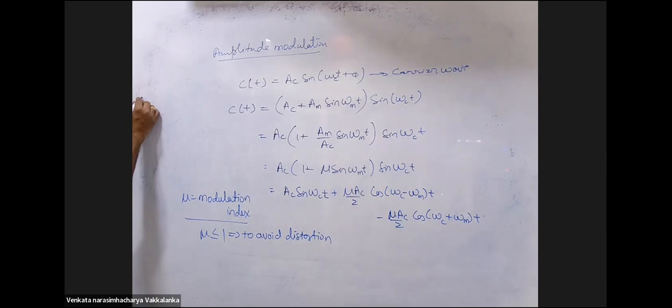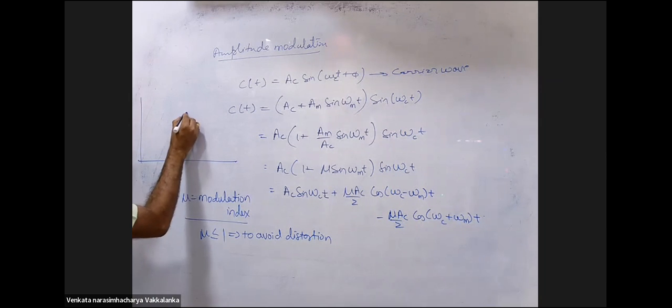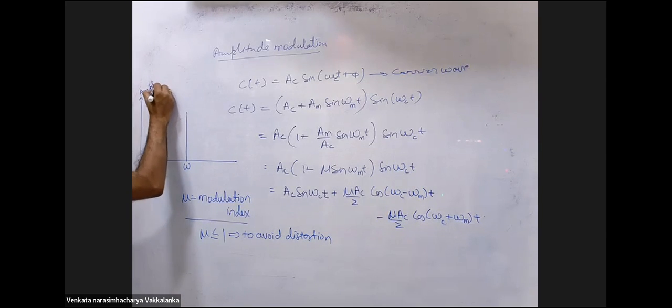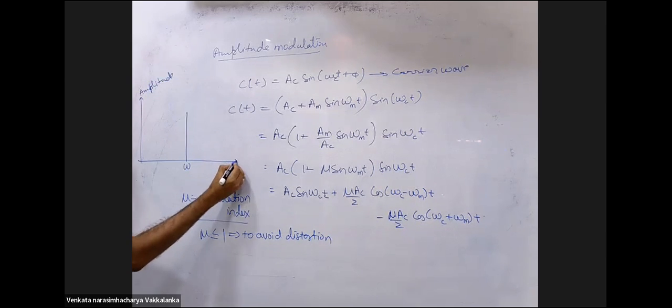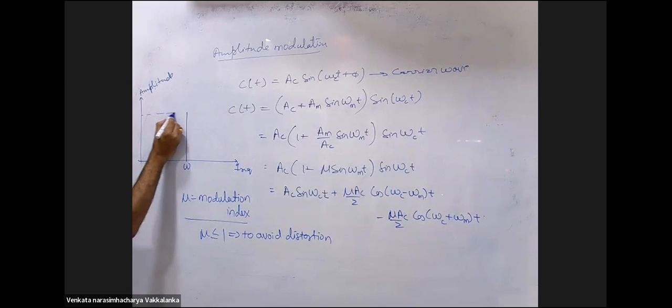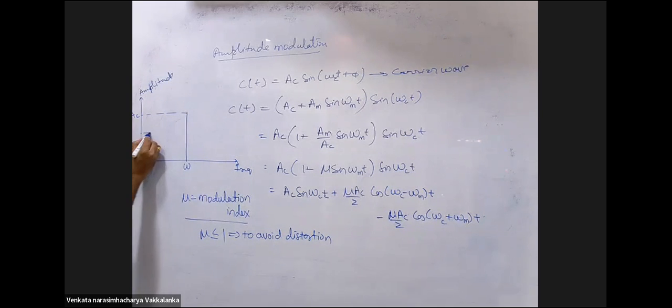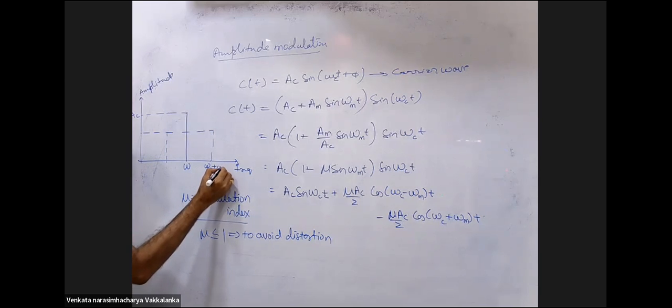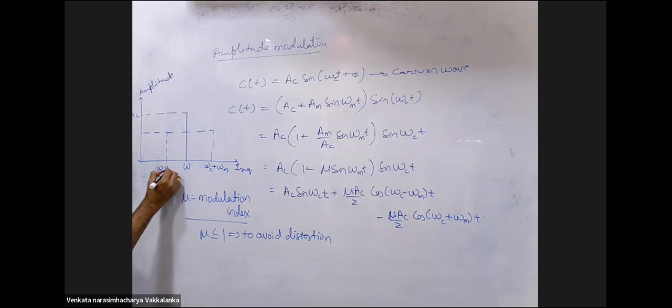Now I'll draw the graph for this. Is this part of the board visible? This will be omega. Basically, you are taking the amplitude here, frequency. This will correspond to A_C. This will be omega_c plus omega_m, omega_c minus omega_m.